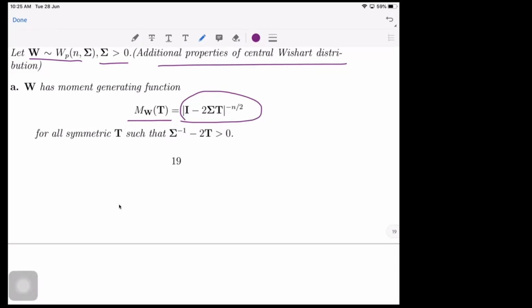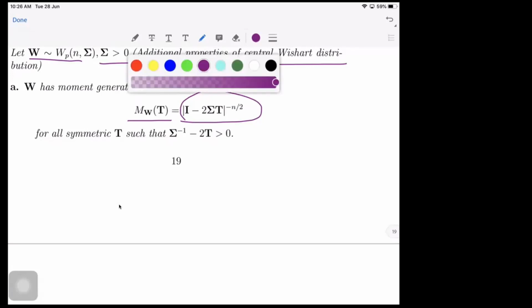So it is in terms of gamma. Okay, so if you look at the moment generating function for a chi-square, the univariate case, similar ang itsura, ana.